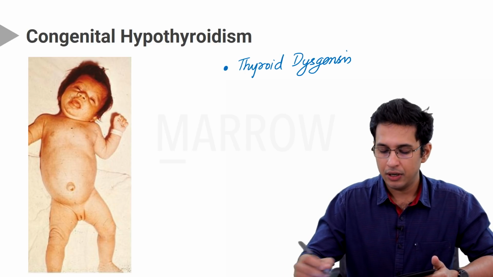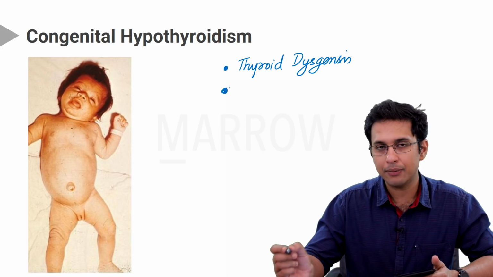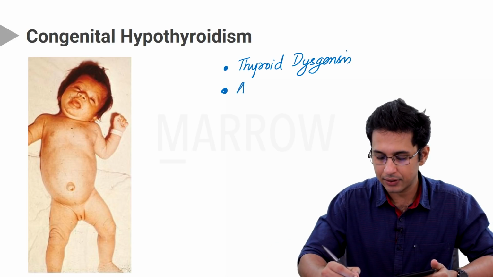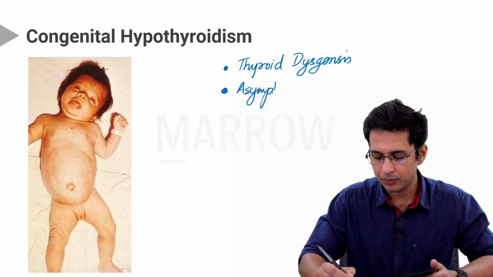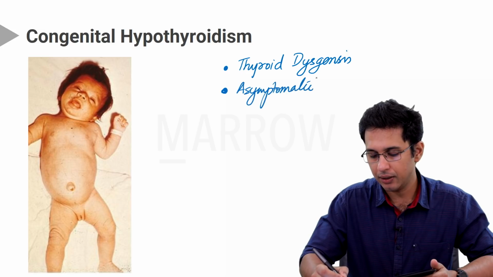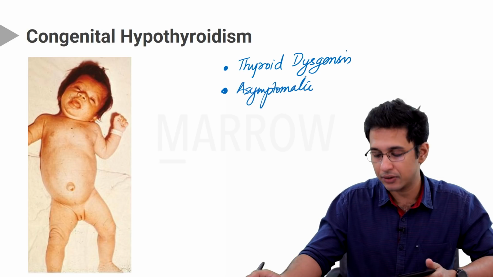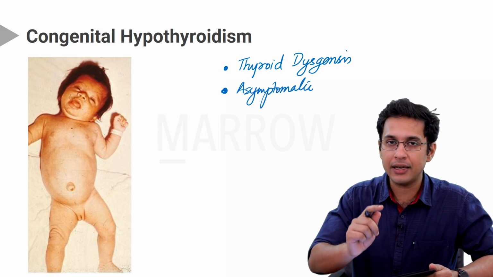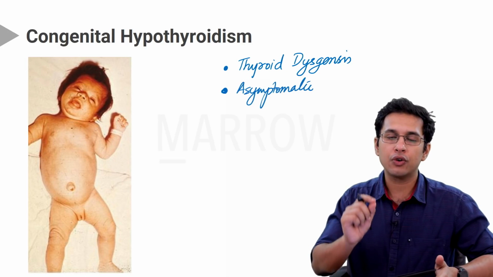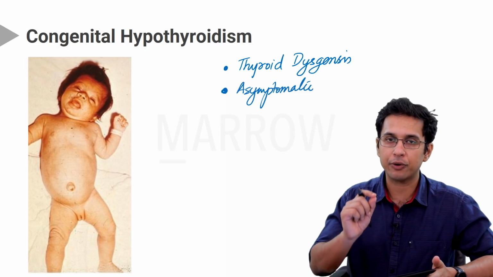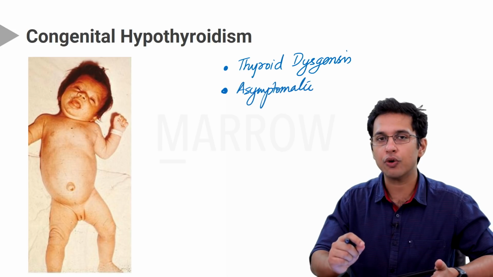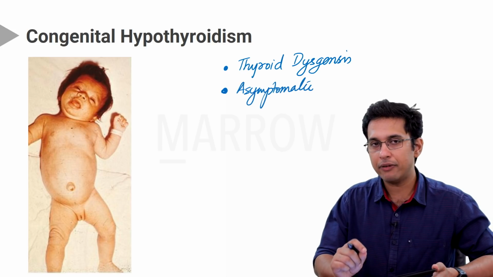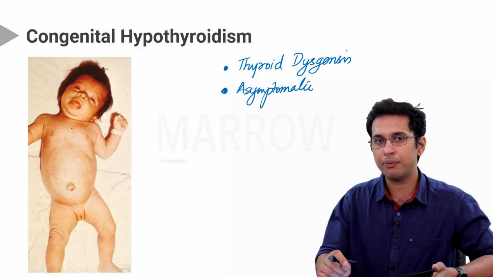If you get a question, what is the most common presenting symptom of congenital hypothyroidism? Then your answer is asymptomatic. Most babies won't have any signs or symptoms. That is why we screen for congenital hypothyroidism in newborns, because it is such a preventable cause of mental retardation.